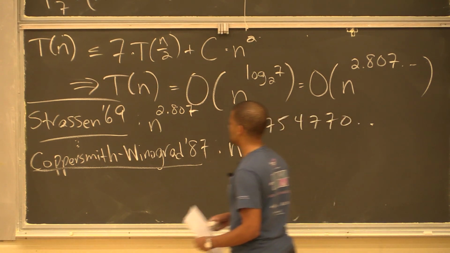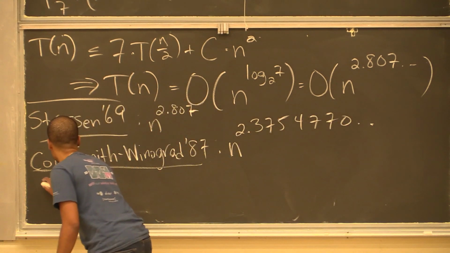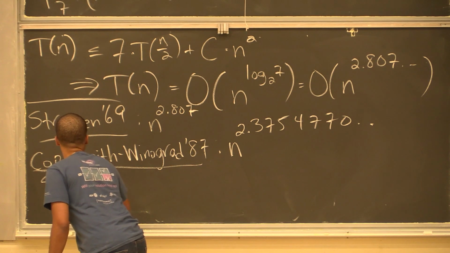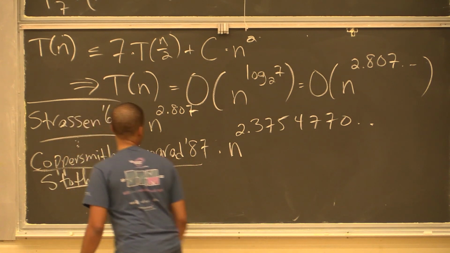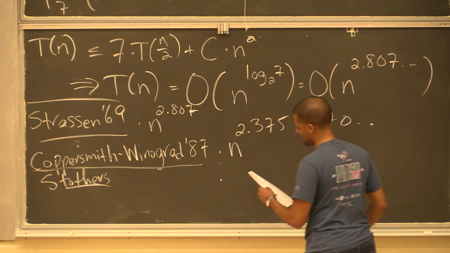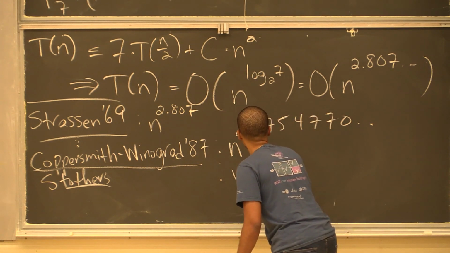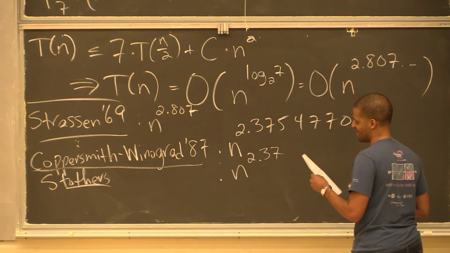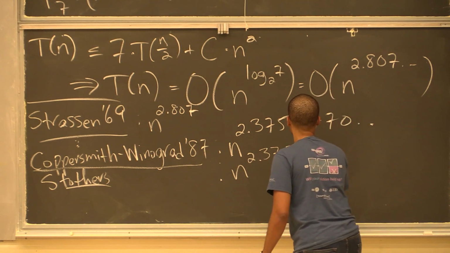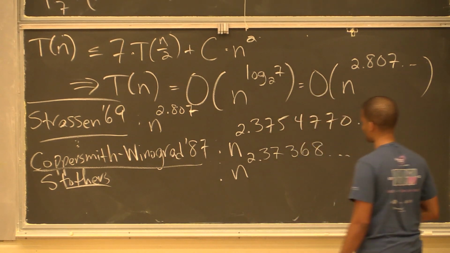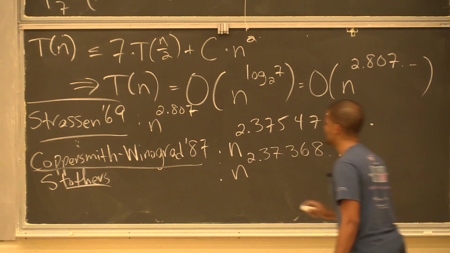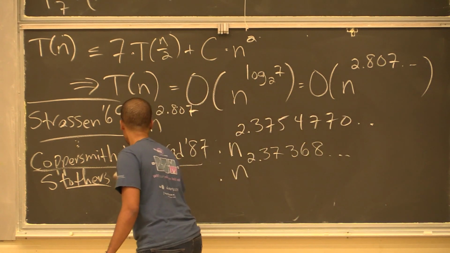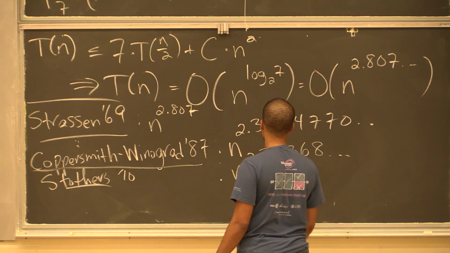And then there was a PhD thesis by this guy named Stothers. And what he could get was n to the 2.3737, okay? And then you get improvement in the next digit, 368. Okay, and that was in 2010. And there was another paper around the same time.